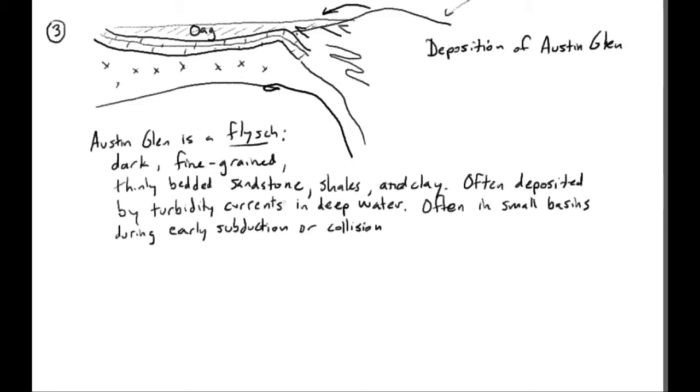Turbidity currents are a type of sedimentation where water gets mixed up with mud and other fine-grained sediment, and as a mixture, it's denser than normal water, and it can slide down a slope as a result of its larger density. And so that's one way you can transfer sediment very large distances.